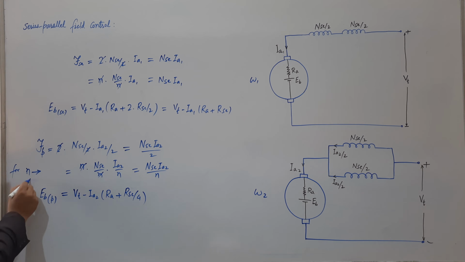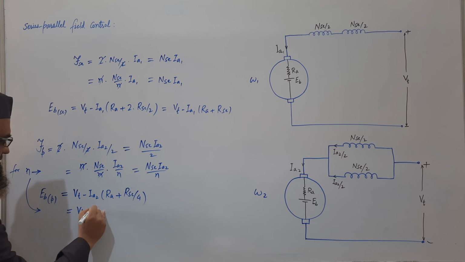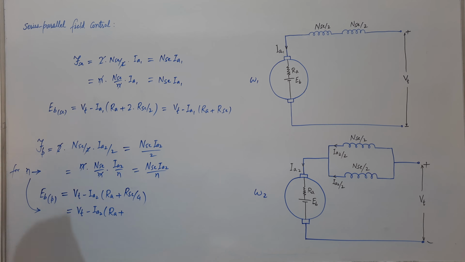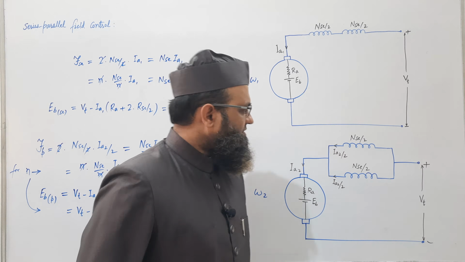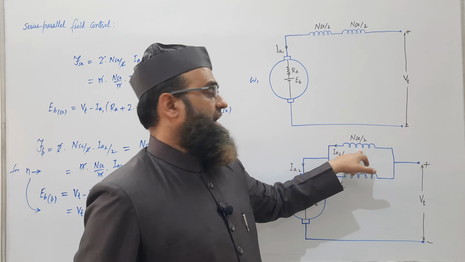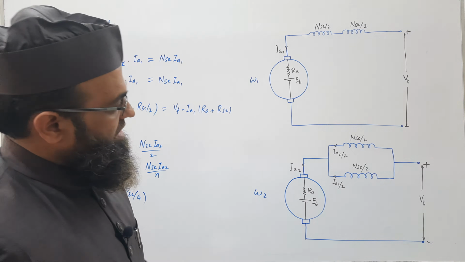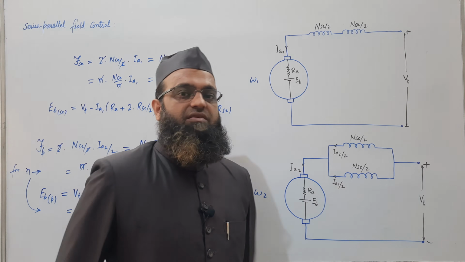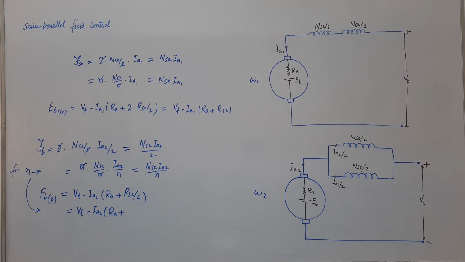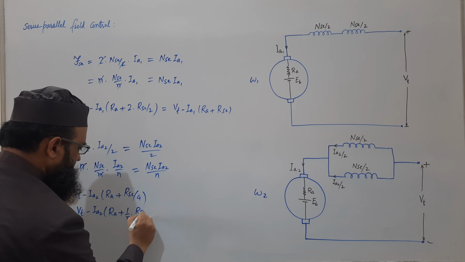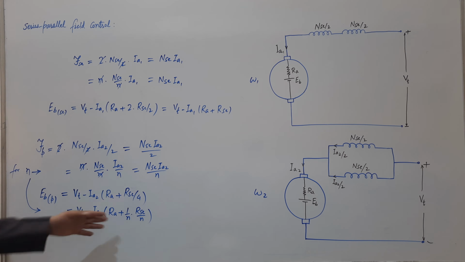For n such parallel paths, the number of turns will be NSE by n, so the corresponding resistance will be RSE by n, and with n such parallel paths, the equivalent will be 1 by n times RSE by n, that is RSE by n square.